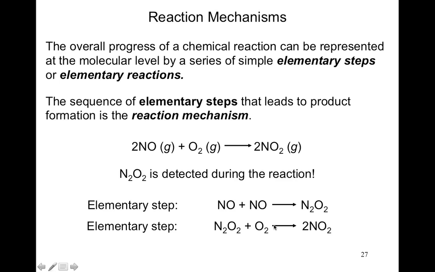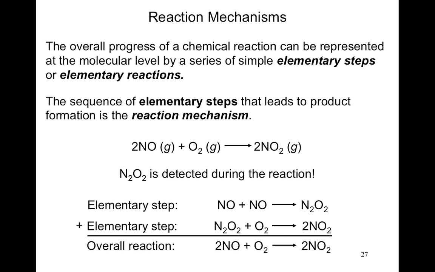So these two elementary steps together give us the overall reaction. Our overall reaction is 2NO plus O2 yields 2NO2. We can cross this off, kind of like Hess's law, to give us this. But we know that it has to occur in these shorter steps. Something interesting, they're crossing out the same thing repeating itself on different sides of the arrow.